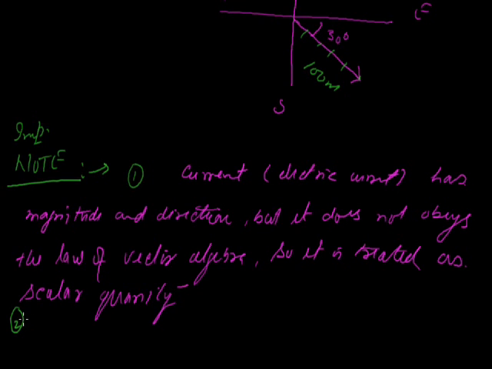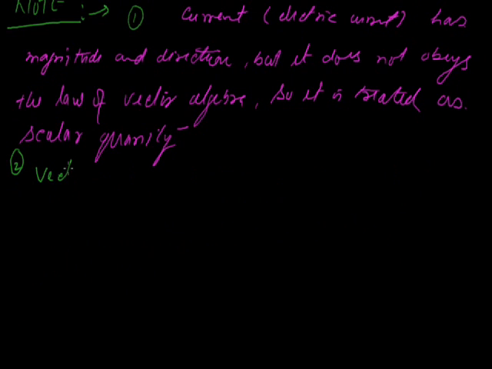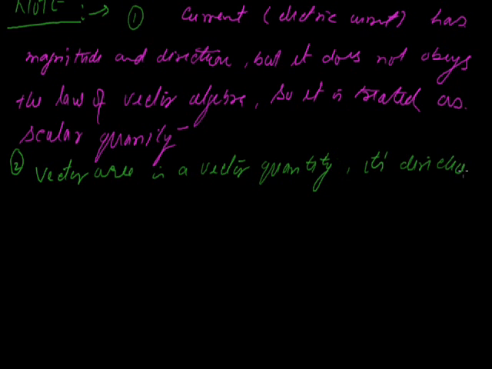Second point, we have some special vectors. For example, vector area. Vector area is a vector quantity. Its direction is fixed, that is perpendicular to the plane, outward.